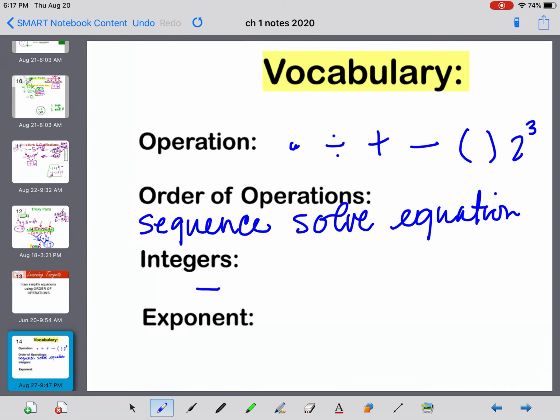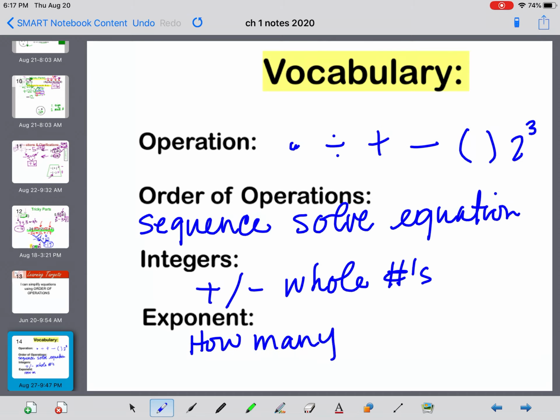And we already talked about integers. They're positive or negative whole numbers. And exponents, remember, an exponent tells me how many of its base I multiply.